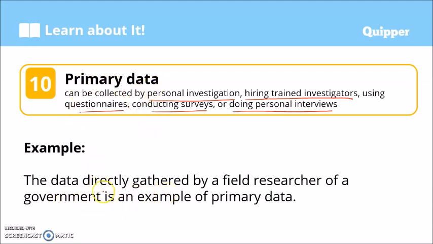Example, the data directly gathered by a field researcher of a government is an example of primary data. Okay? Halimbawa, ako ay researcher, magkakandak ako ng study about internet addiction ng grade 7 students. So, ako yung magbibigay ng survey questionnaire sa grade 7 students.